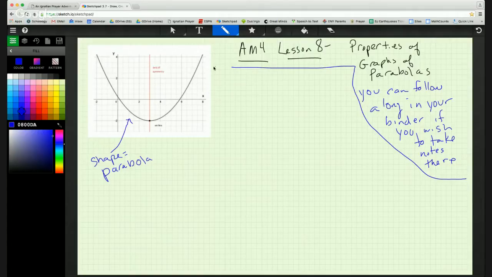We'll look at those in a little bit, but let's talk about what this is. So let's remind ourselves what a quadratic equation looks like. And it's basically a second-degree polynomial.